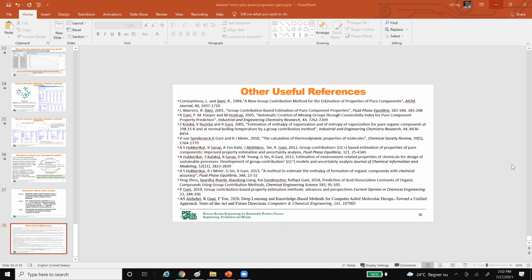If it is the pure ionic liquid, with the method that we have described, we have also developed properties for ionic liquids, where we give the cation as a group, we give the anion as a group, and we give the organic part as a functional group or a mixture of functional groups.